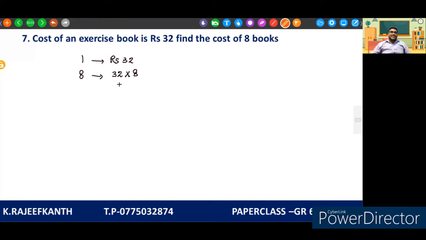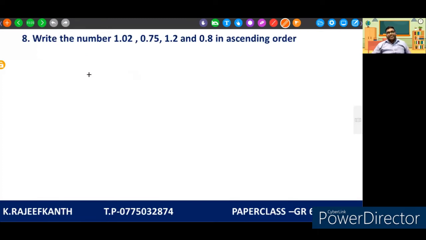So we have to multiply by 8. Then 8 times 2, 16, balance 1; 8 times 3, 24, plus 1, 25. Then the answer is rupees 256. Right? Then the price of 8 books is rupees 256. Question number 8.